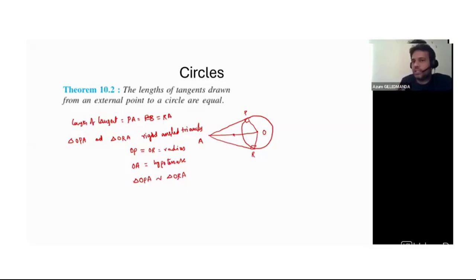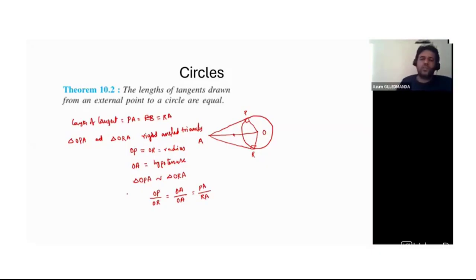If these two are similar triangles, then the ratio of the proportionate sides is equal, right? That is the property of similar triangles. So what is the ratio of the respective sides? OP by OR equal to OA by OA, the hypotenuse is the same for both, and PA by RA.